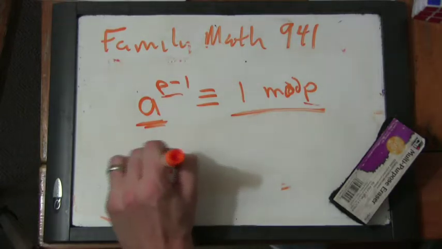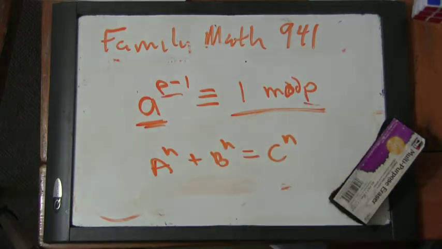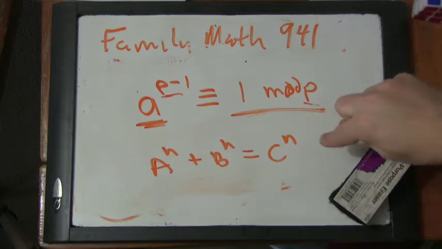That says a to the n plus b to the n equals c to the n only has integer solutions for n equals 2. Well, sorry, actually that's not what it says. That there are no solutions greater than n equals 2. Obviously there's lots of solutions for n equals 1.